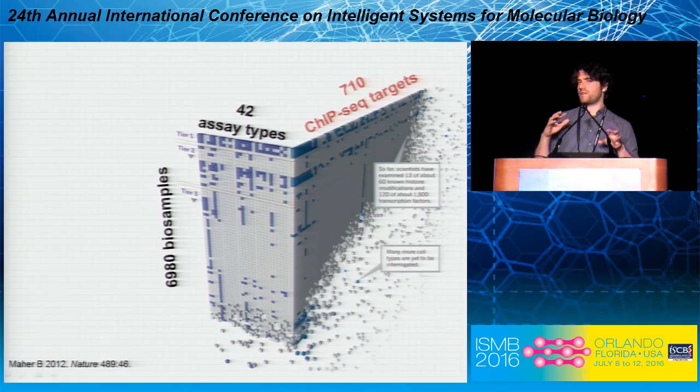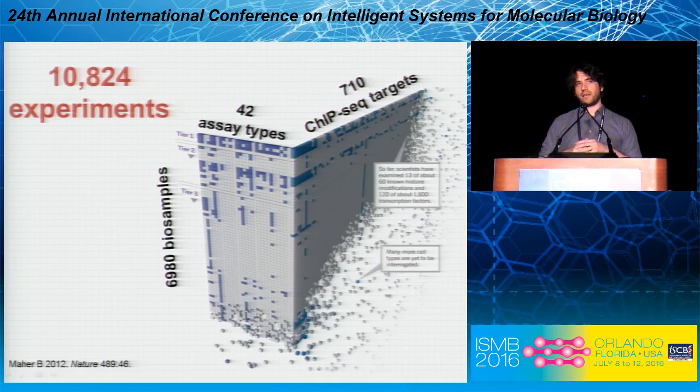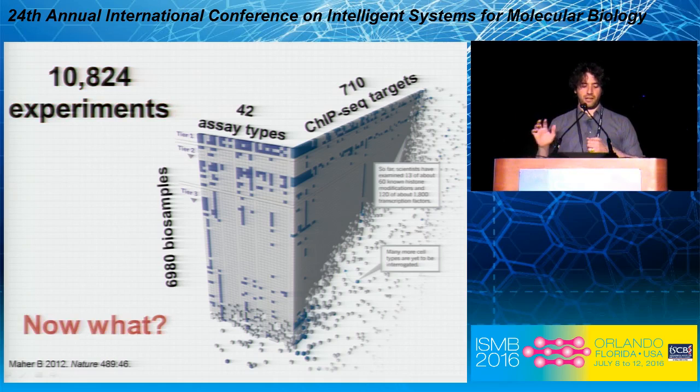Some of them are slightly redundant with each other, so there aren't really that many individual transcription factors we have, but still, it's a lot of different data. In ENCODE, as of a few weeks ago, there were more than 10,824 experiments deposited, and the question when you're faced with this much data, all of it is genome-wide, dense, high-resolution data, is now what do you do with it?